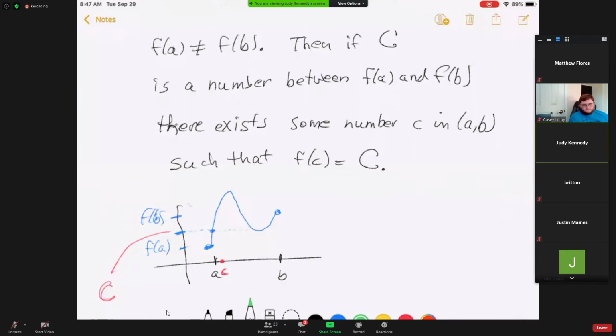Sometimes there's more than one C. I'm not sure whether at this point they're on the same level or not. Well, it's just a picture. But sometimes there's more than one number little c that this applies to. But as long as your function is continuous, this statement is true.